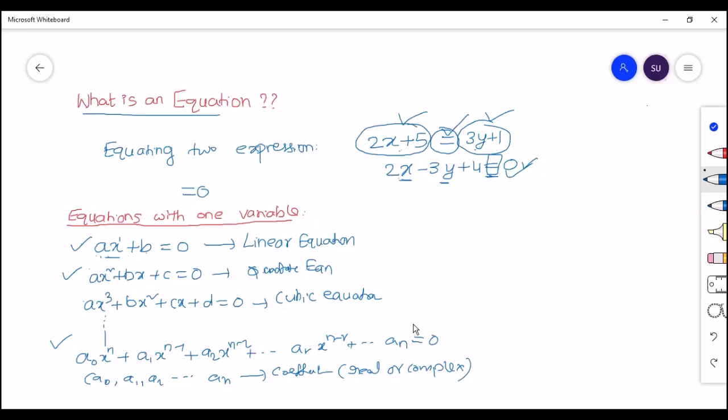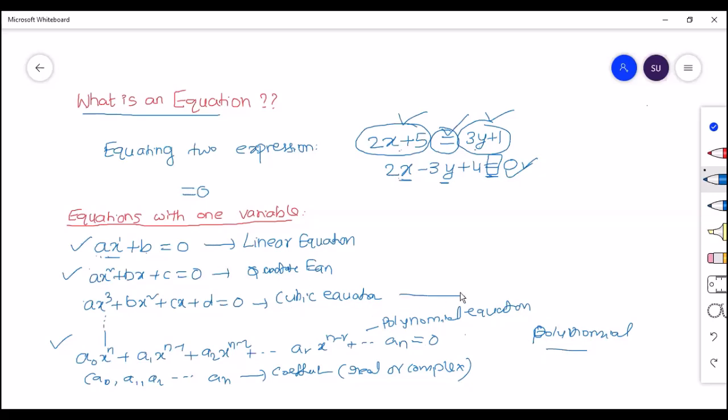Now suppose if equal to 0 is not there, you can call it an expression, simply a polynomial. If it is equal to 0, this is called a polynomial equation, an nth degree polynomial equation. If 0 is not there, simply it is a polynomial.